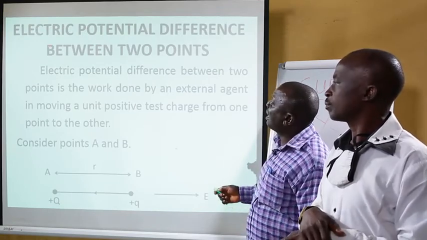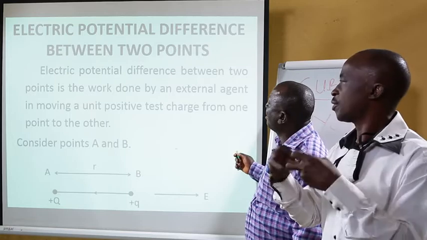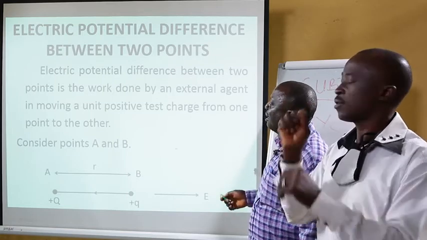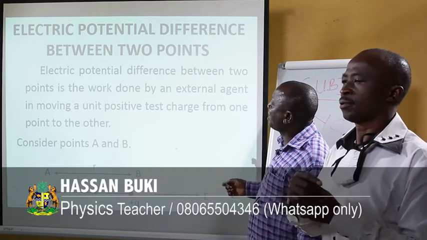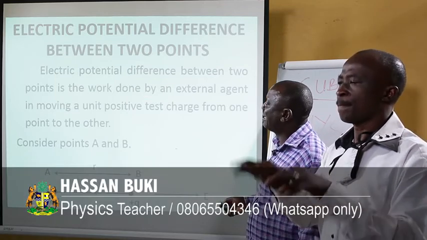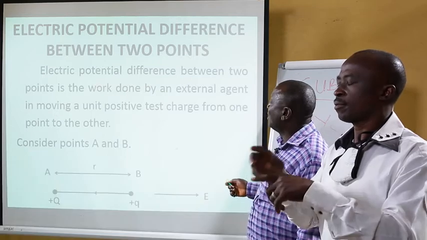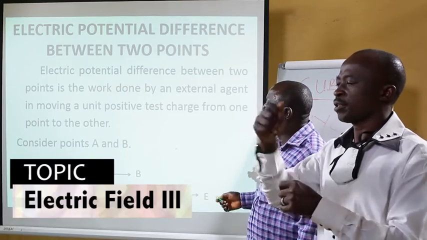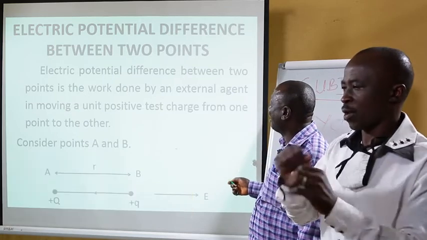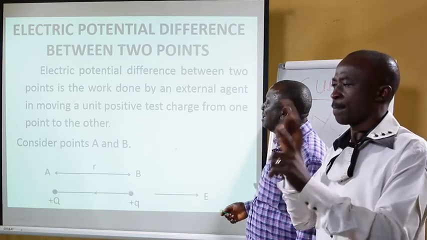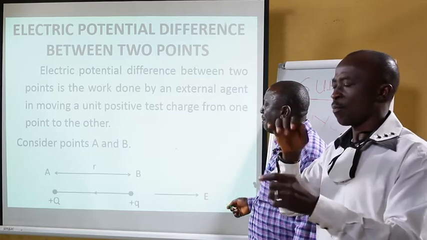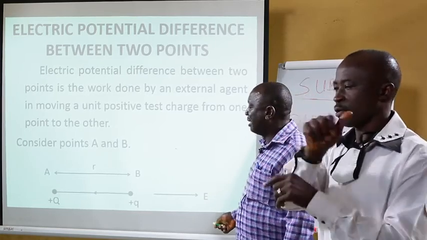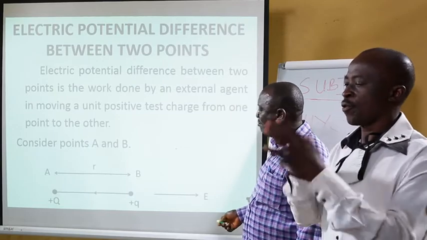Now, we look at electric potential difference between 2 points. Electric potential difference between 2 points is the work done by an external agent in moving a unit positive test charge from one point to the other. Now, consider points A and B as shown in the diagram below.